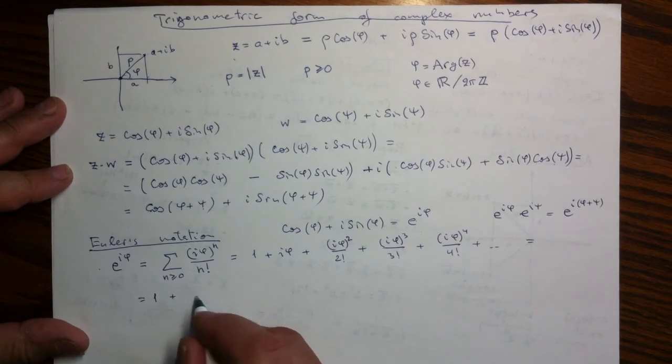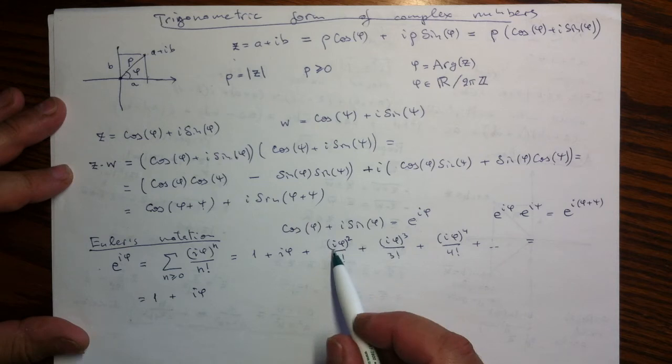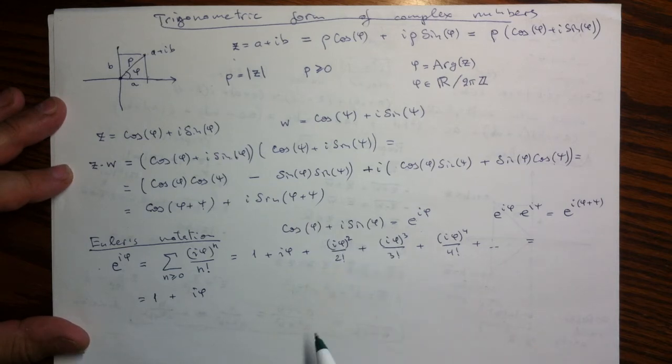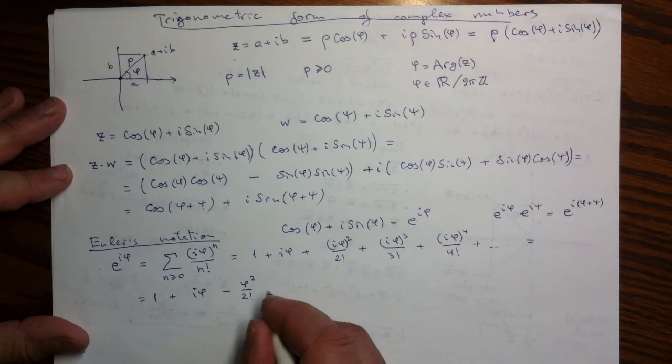So let's see what happens with these powers. Nothing much I can do with the first two, but the third one I can rewrite into something better looking, because what I have here is i squared times phi squared. i squared is -1, so we'll just write it as such. What happens next?